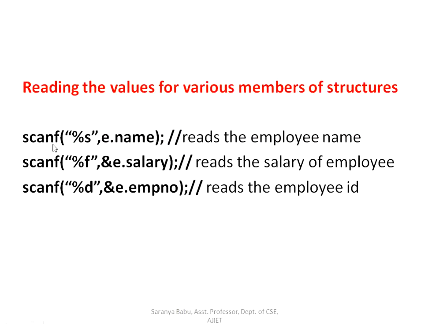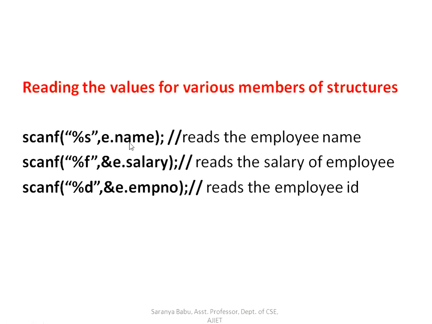You ask the user to enter the employee name. Scanf %s, because it is a string, comma, E dot name. Since it is a string, I don't have to use the ampersand sign. Scanf reads the string and stores it in E dot name, because I'm storing it to that particular variable's member.